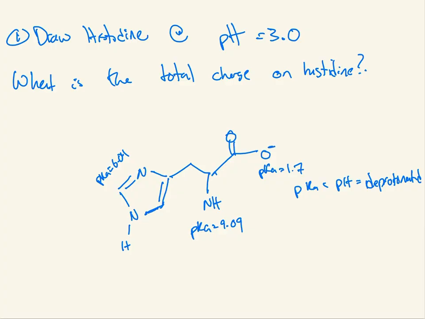Let's look at the N terminus now. So this, again, is the protein backbone. If we snap amino acids together, those are the bonds that make up the backbone of the protein. So the N terminus, how does the pKa compare to the pH of the solution?